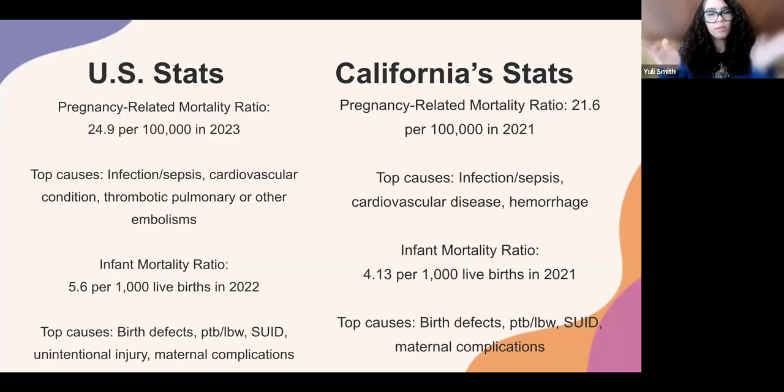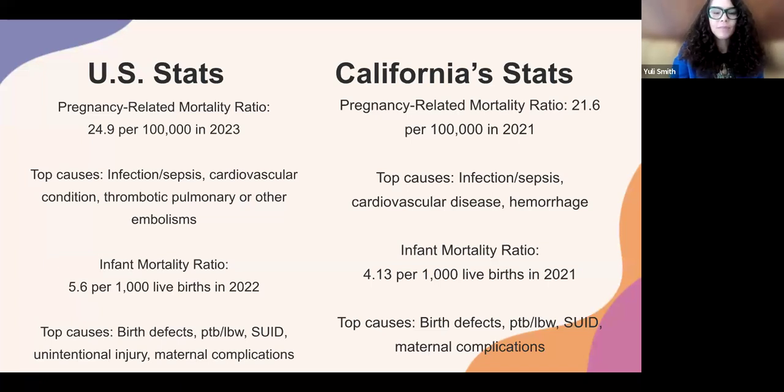It's a little more specific than the maternal mortality rate. Okay. California does rank better in regards to other states within the United States, but this number is still appalling.